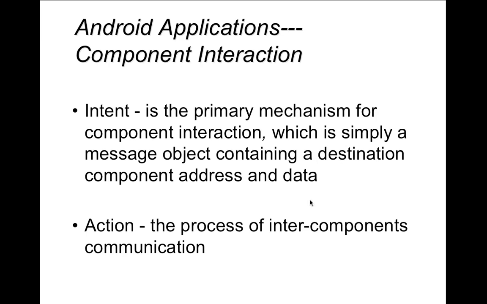So the concept of the intent. It's the primary mechanism for component interaction. We've seen an intent example where we had one screen or XML interface call another one, call another one, call another one through a class that was associated. So the class itself in the onCreate method comes up, creates the resource of that interface, loads it up, shows it to the user.